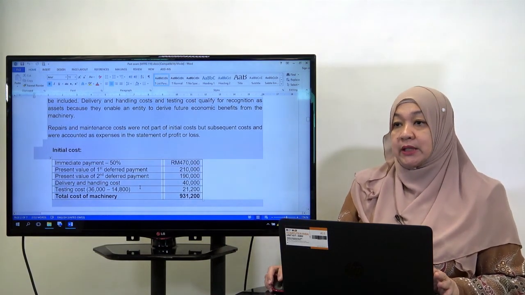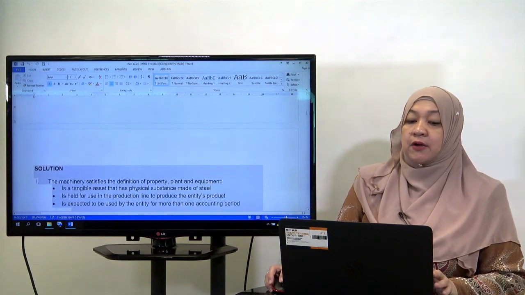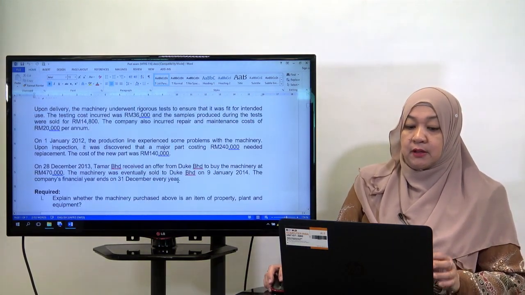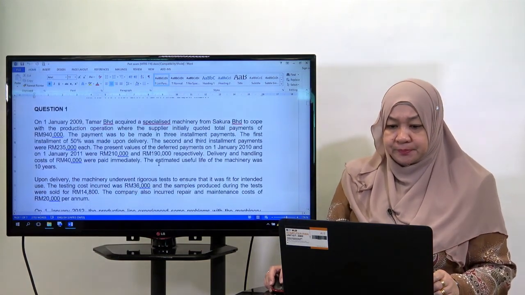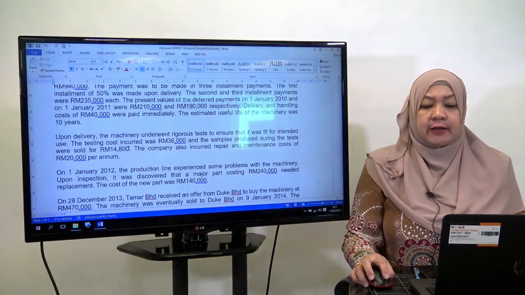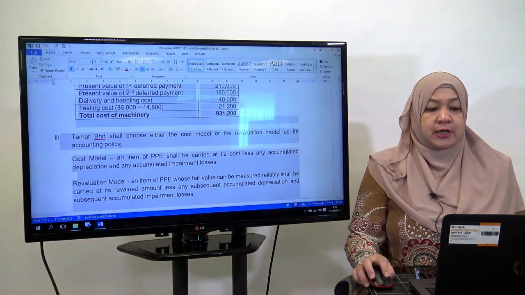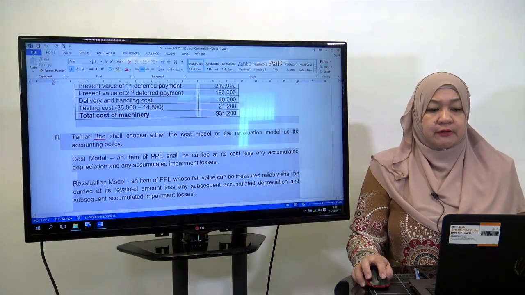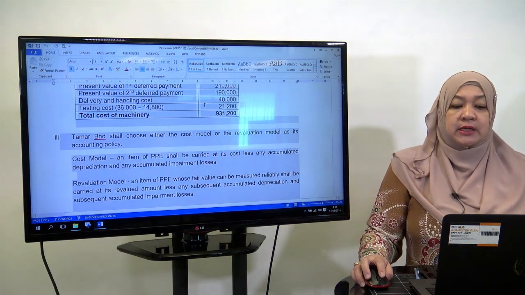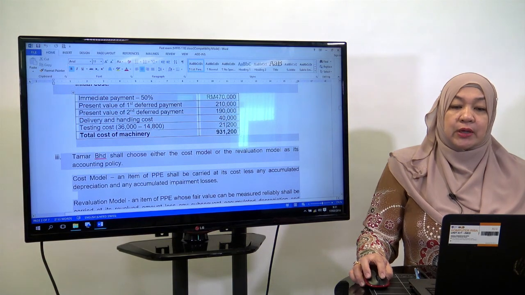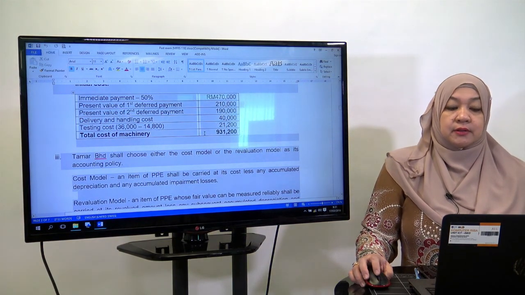We reduce it with the sale of the testing product, the sample, of 14,800. That reduces the testing cost, 36,000 minus 14,800, so you get 21,200. So the total cost of machinery is 931,200.